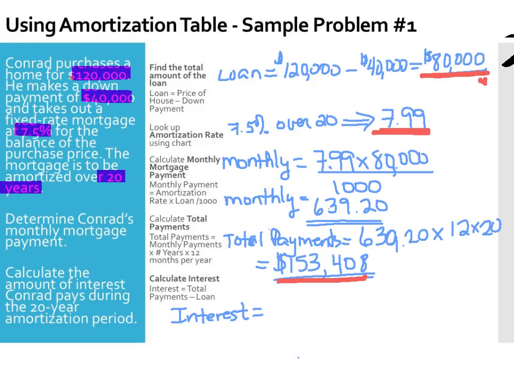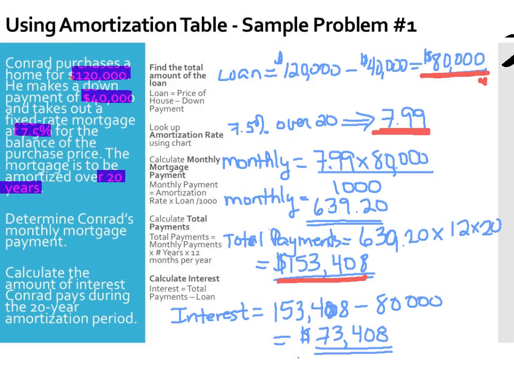So the interest paid is $153,408 minus the $80,000 that we initially borrowed, and that works out to $73,408.